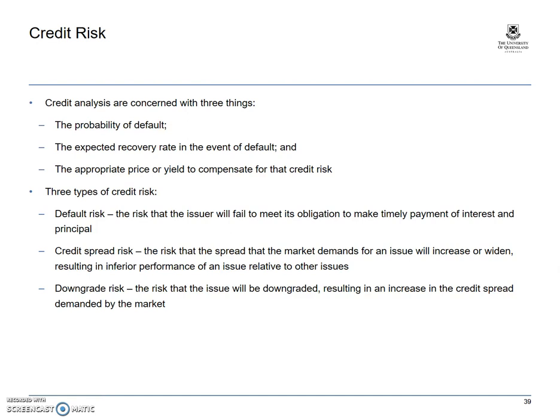If they do suffer a default, what's our expected recovery rate? So how much money will we get back if the company goes into default? And then the third element is, what's the appropriate price for a bond or the yield to compensate for that level of risk? So there's really three types of credit risk.